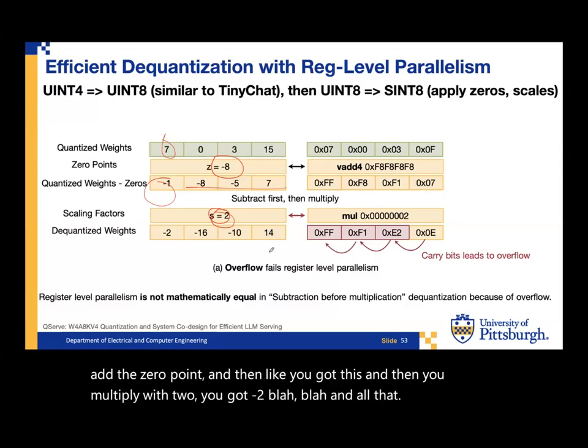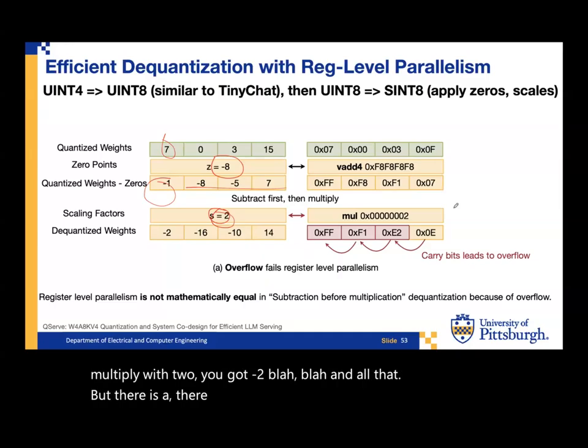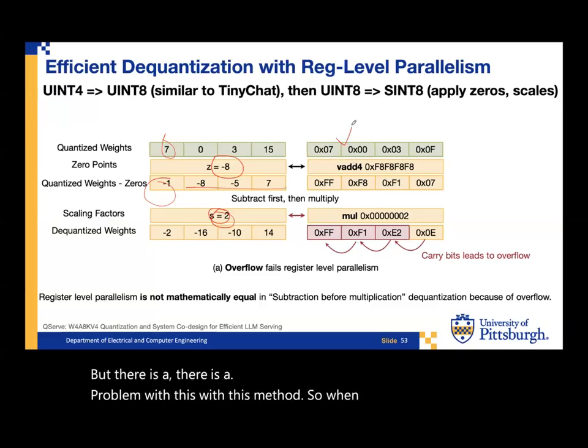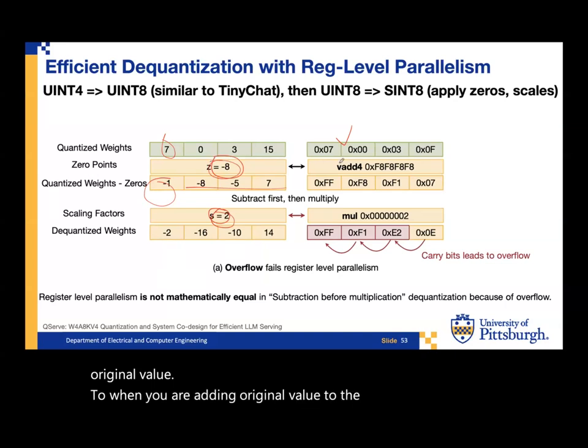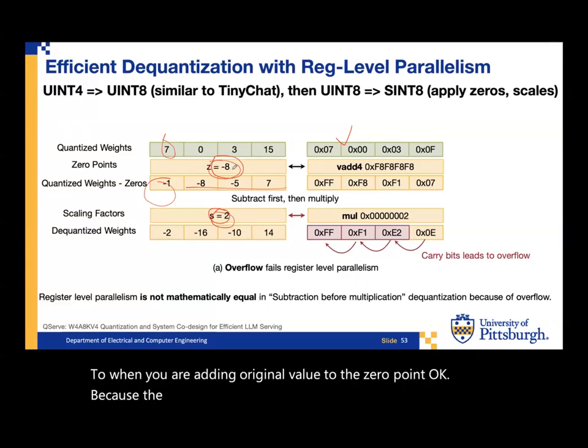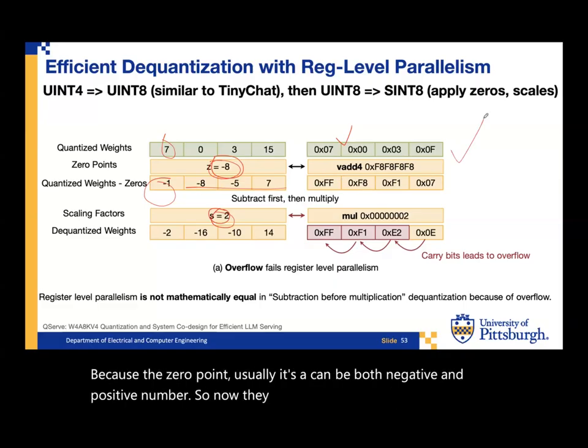But there is a problem with this method. When you are adding the original value to the zero point, because the zero point can usually be both a negative and positive number, they become all this two's complement representation, right?